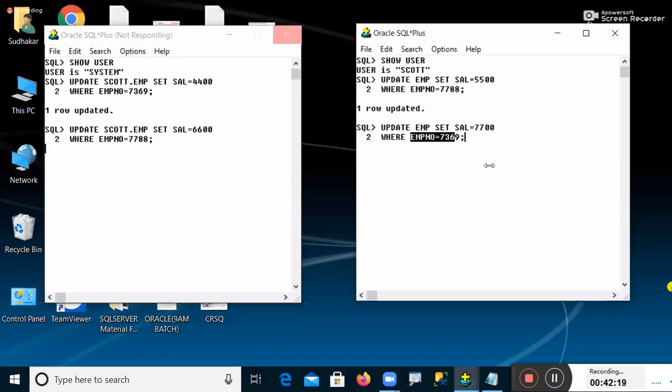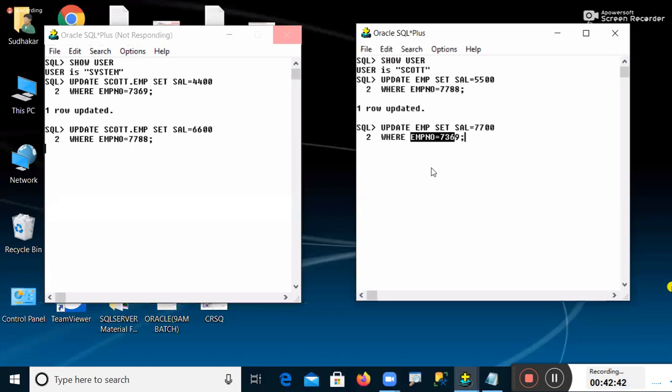Now, on the same row, the second user is performing an update operation. What do you say? Can the second user perform it now? No, the second user cannot perform.